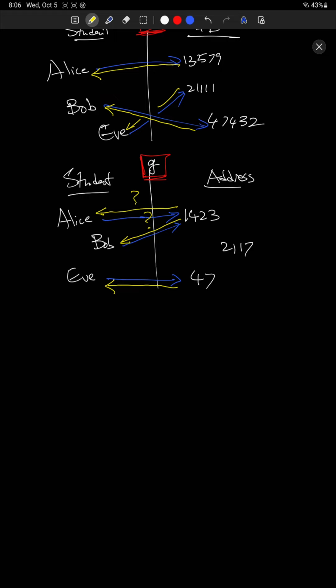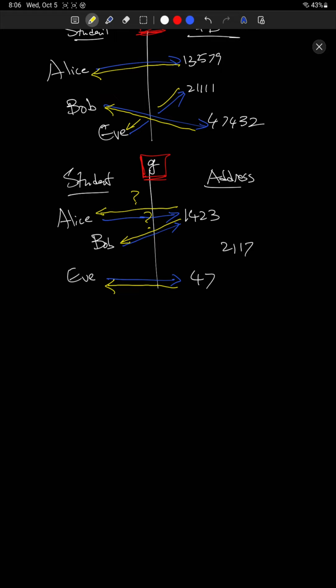Now, if we think back at what a function is, something where if you put in an input, you get a single output, there should be no question or ambiguity as to what that output should be. And here we have a question. 1423, should the output be Alice? That makes sense. She lives there, on 1423 Main Street.